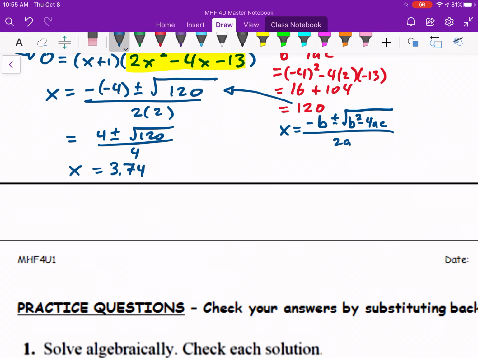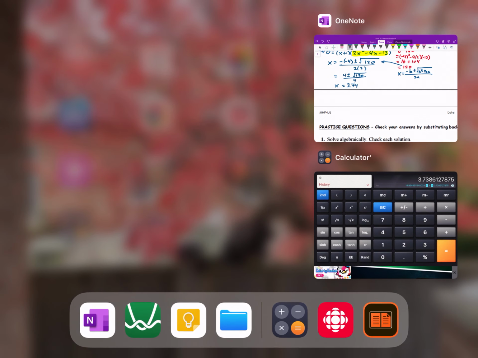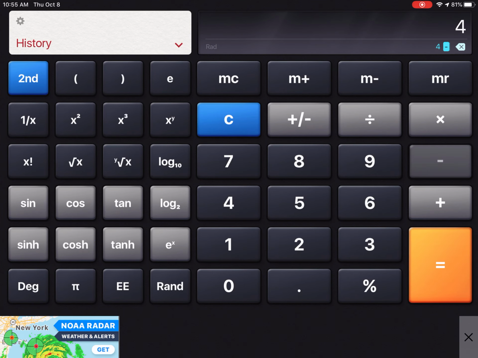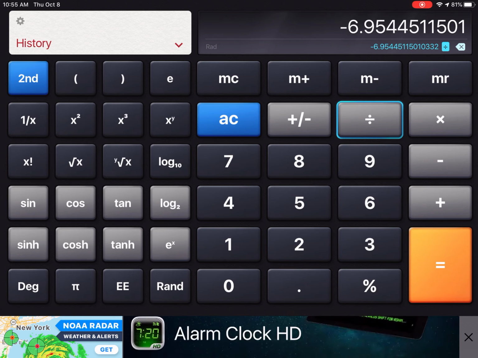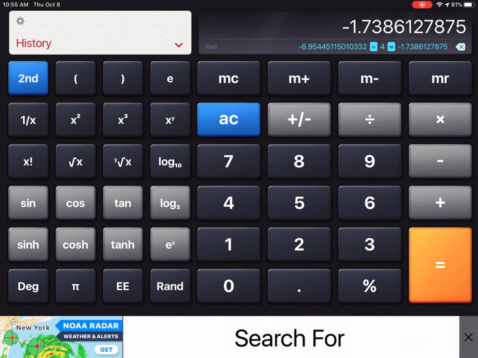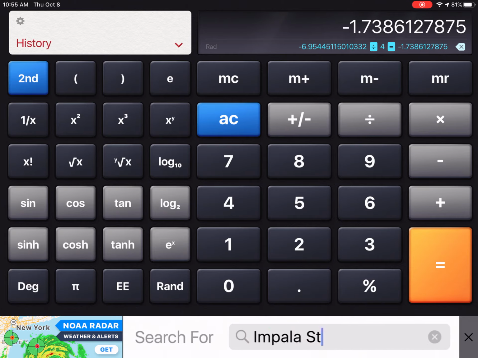Doing the same thing with the minus, right? So 4 minus the square root of 120. And divide that by 4. I got negative 1.74.